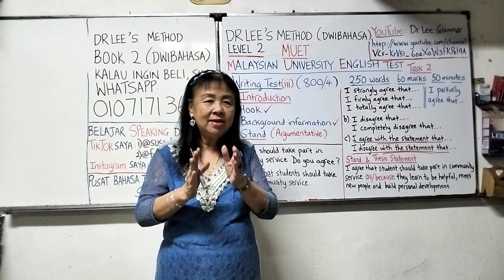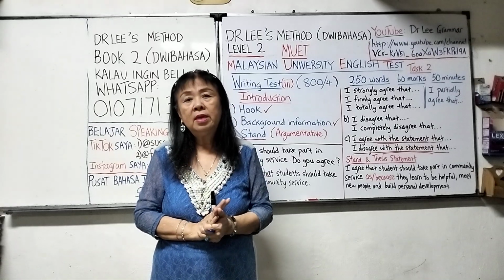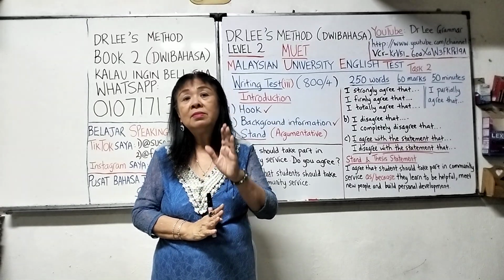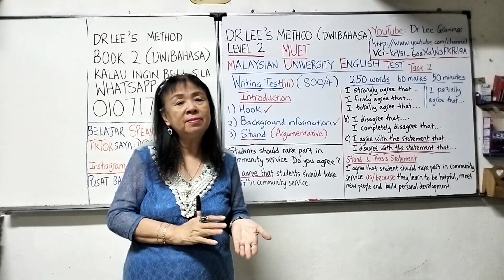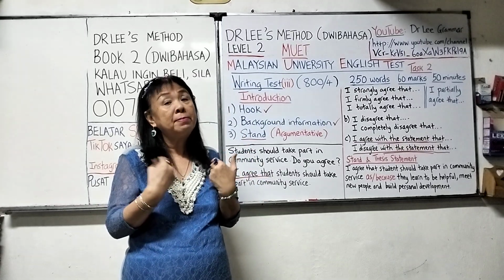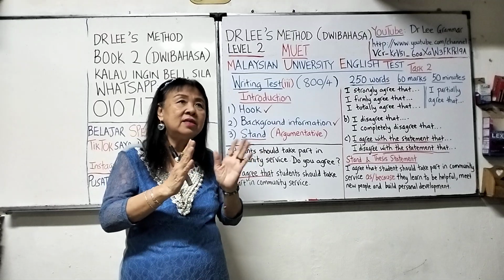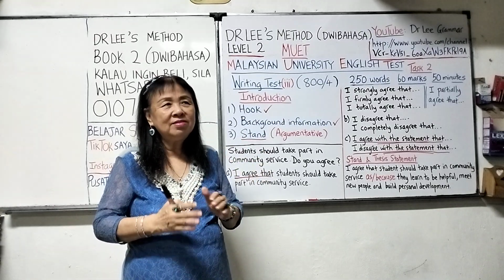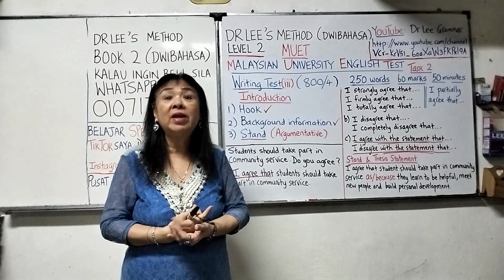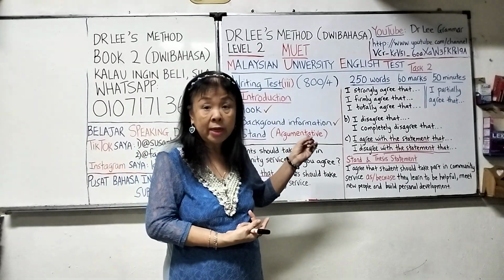I would either say agree or disagree, but it is not wrong. You can do it if you want. It's just my own preference. I have a tendency to either agree or disagree. I would not say I partially agree. I find it hard to write for myself. But of course you can do it, okay?